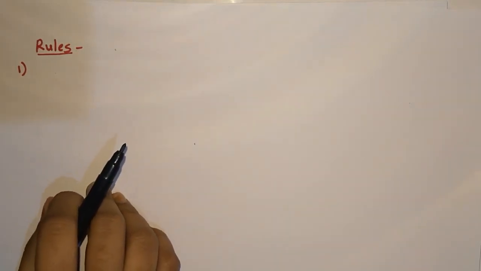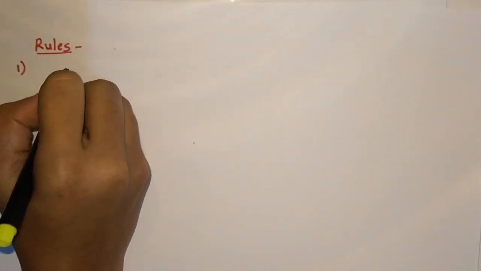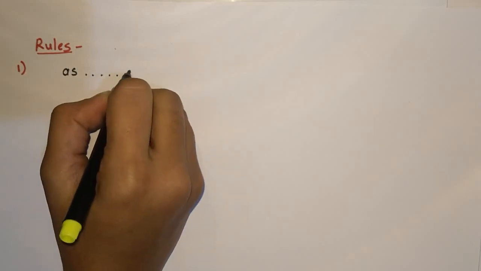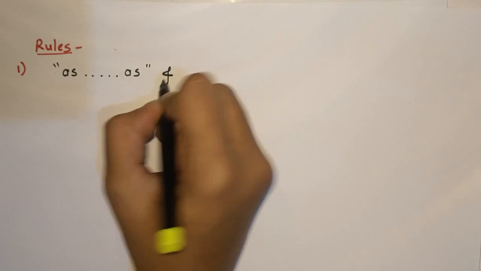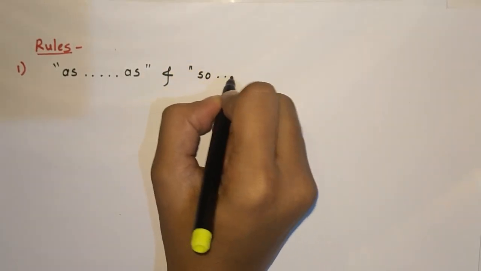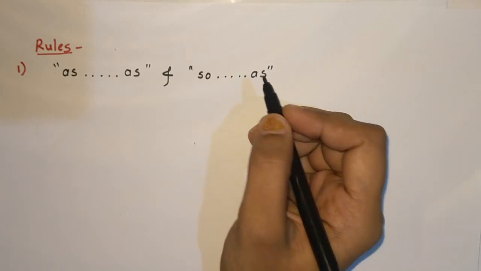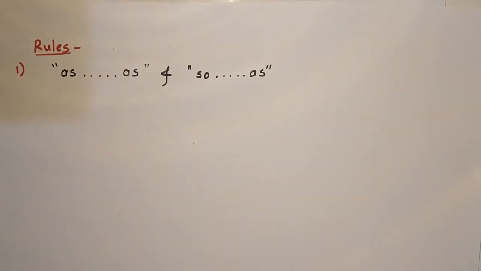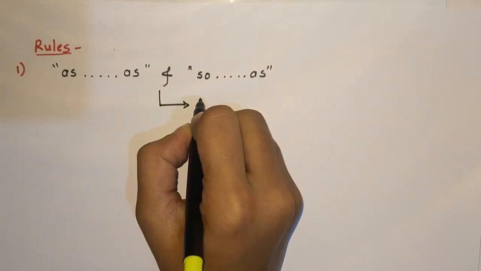Now we will see the rules regarding uses of adjectives. First rule, if an adjective is to be used between as and as, or so and as, then the adjective should always be in positive degree.